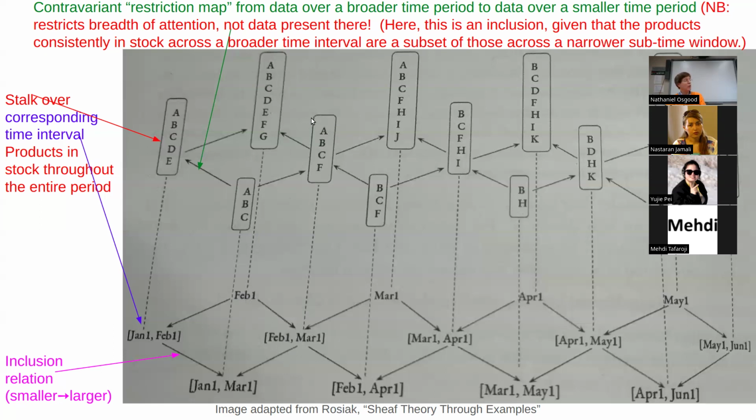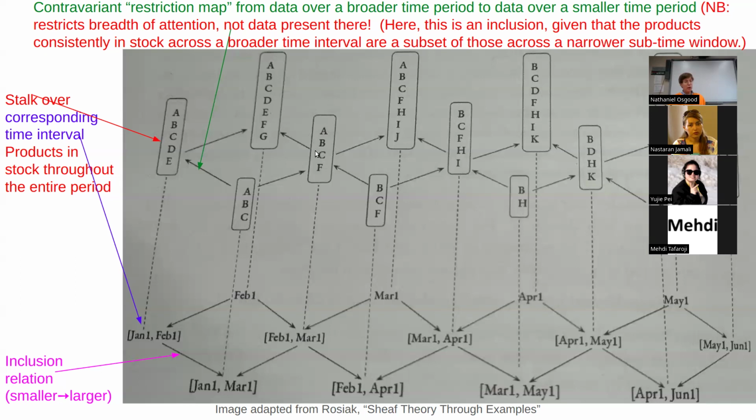There are more constraints, would be the best way to put it. You've got to be in stock for February 1st, March 1st, February 2nd, February 3rd, February 4th. Got to be in stock all throughout this interval. And that's a tighter stipulation than just being in stock for February 1st to February 1st. Are we okay with this?